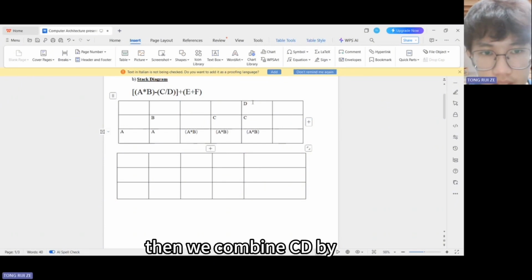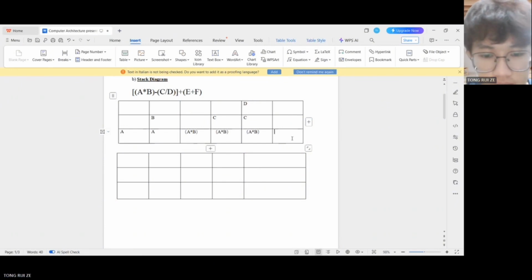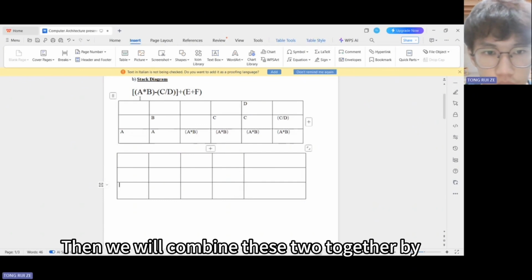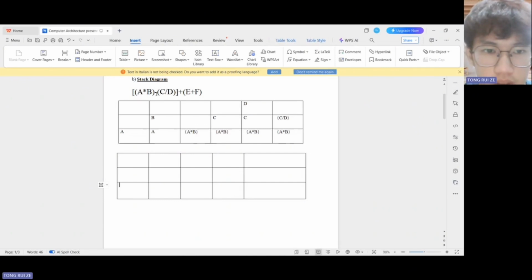Then we combine CD by division. Then we combine these two together by division.